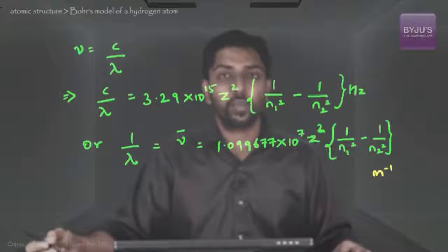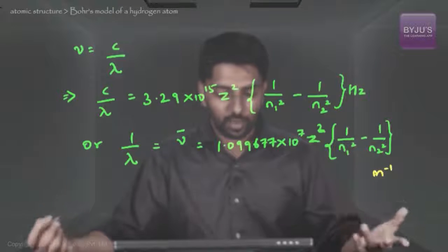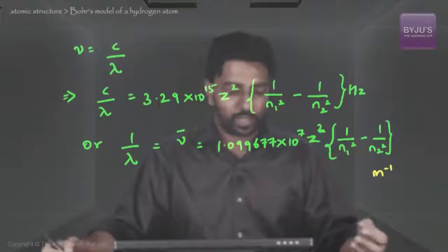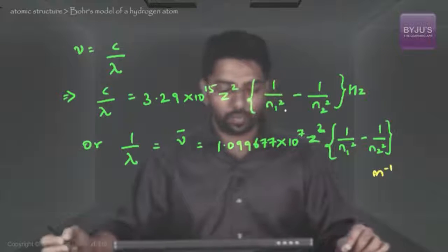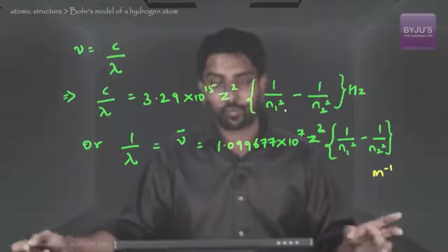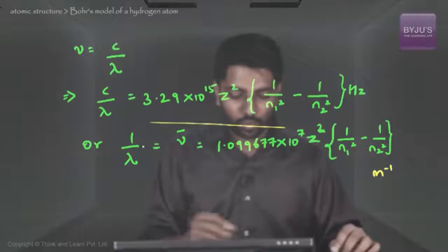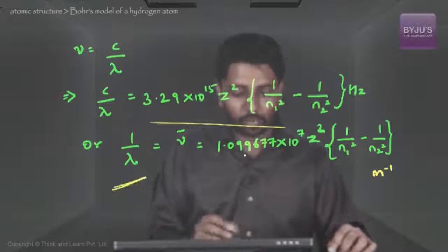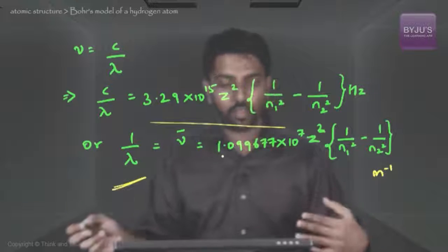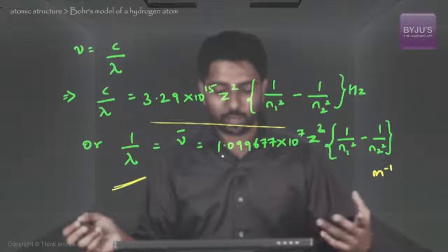And frequency is nothing but c by lambda, or the speed of the wave by its wavelength. So c by lambda is 3.29 into 10 power 15 into 1 by n1 squared minus 1 by n2 squared into Z squared hertz, or you can keep 1 by lambda on one side and take c to the other side and divide it as part of the denominator.